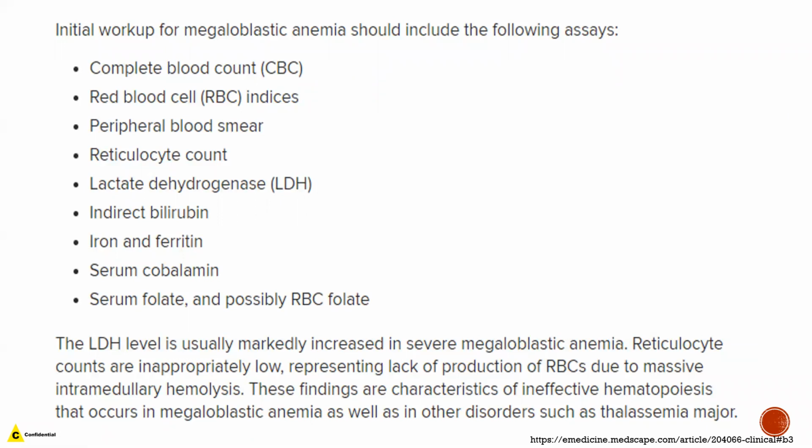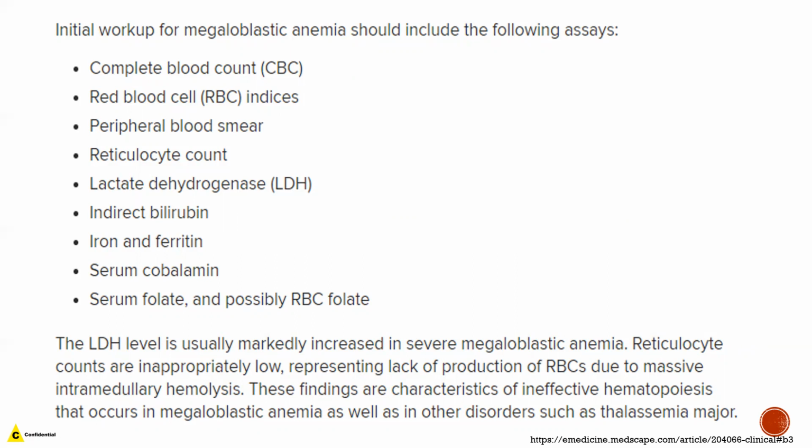Initial workup for megaloblastic anemia should include the following assays: CBC, RBC indices, peripheral blood smear, reticulocyte count, lactate dehydrogenase levels, indirect bilirubin, iron and ferritin levels, serum cobalamin, serum folate, and possibly red blood cell folate levels.